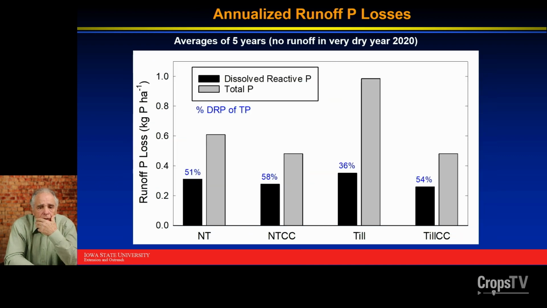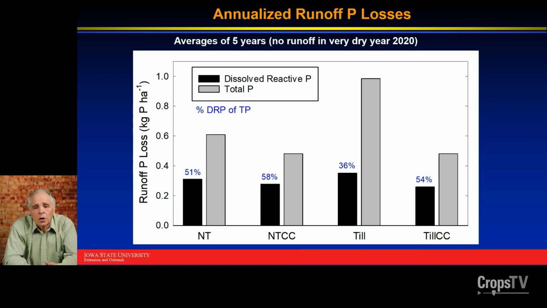These are the averages, again, for the phosphorus loss, and I show in gray the total P, and in blue the dissolved reactive P, okay? And the blue numbers are the proportion of dissolved P of the total P. So if you look at the bars to the right, tillage without cover crop or tillage with the cover crop, we see that something happened like in the soil loss, but not as much.